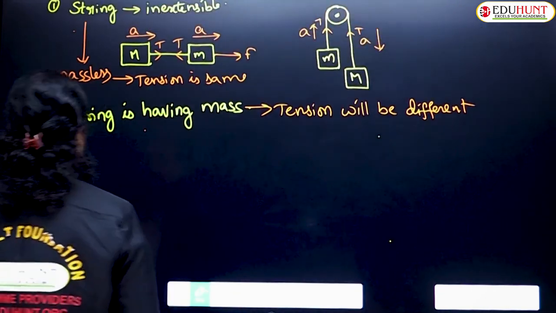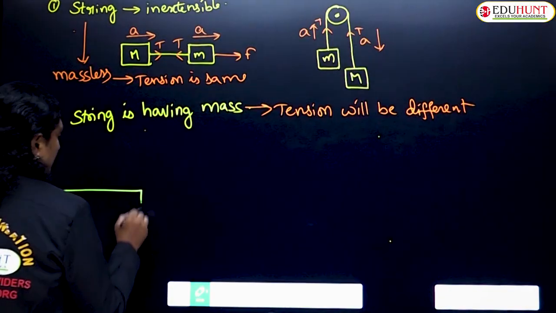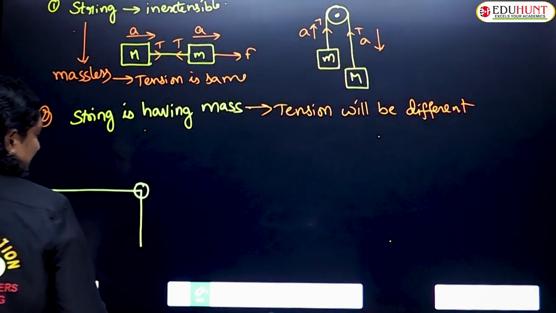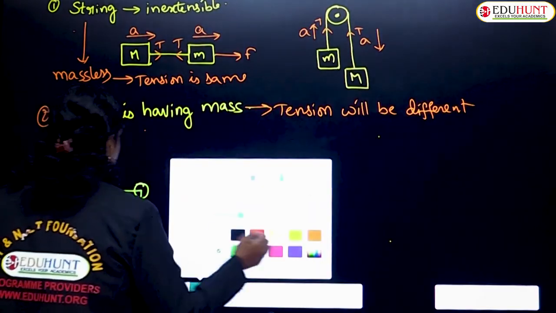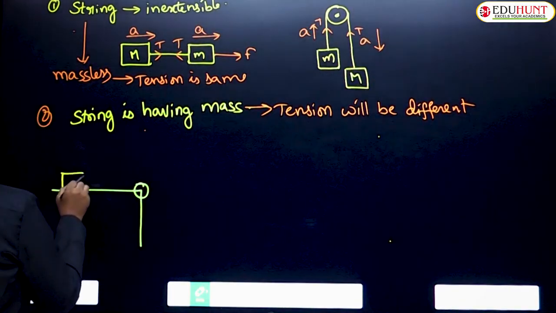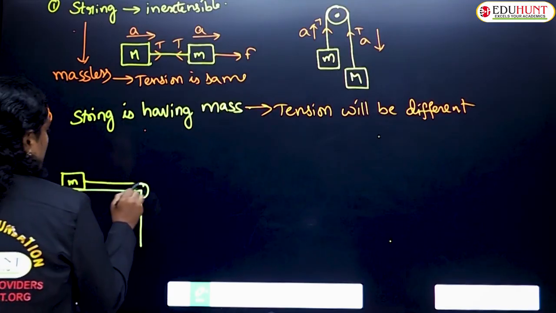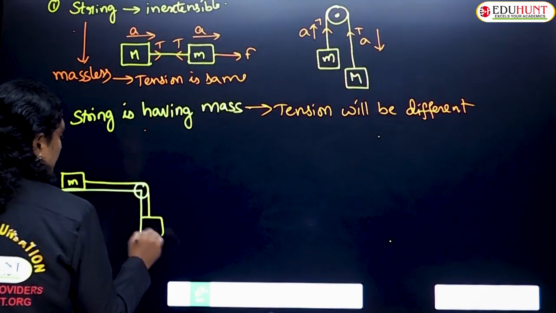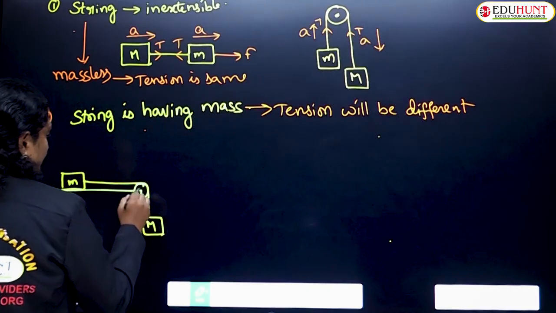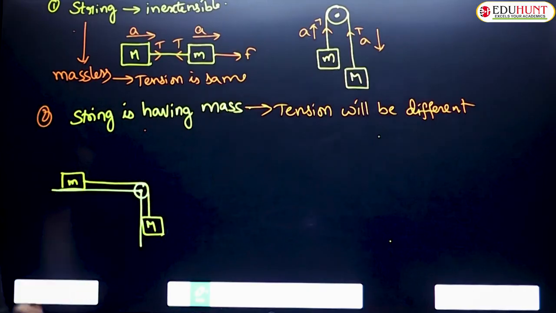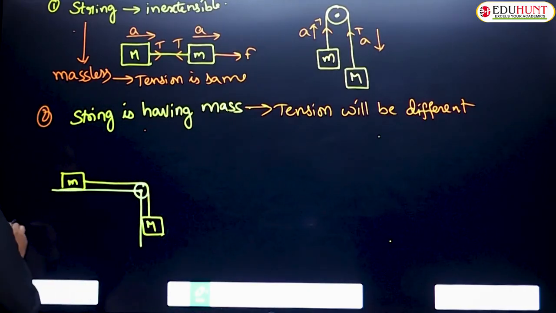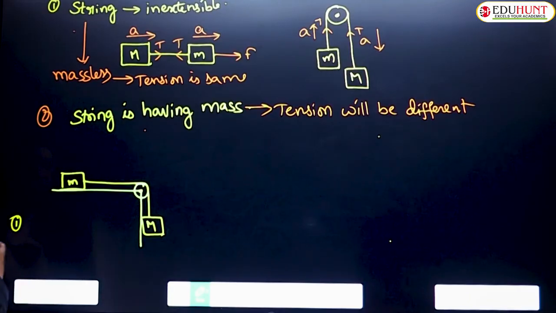So again, let us consider a table to which a pulley is attached and masses are kept here. First mass, say M, is attached to another mass, say capital M, with the help of a string. Case 1: the string is massless.